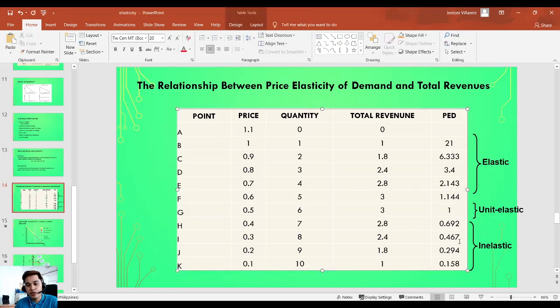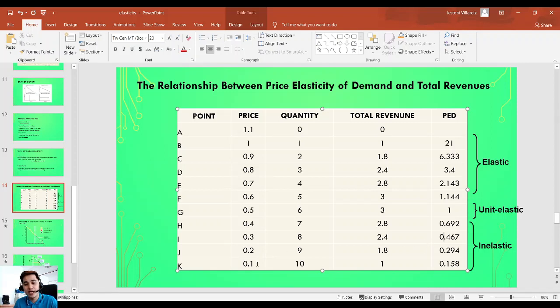However, if you consider your product, for example, inelastic, addictive products, let's say illegal drugs, because addictive products are considered inelastic products. It means that as the price increases, the quantity demanded is not responsive.